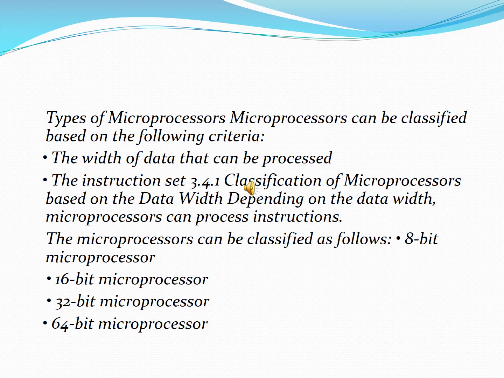Types of microprocessor are classified based on the following criteria: the width of the data that can be processed, and the instruction set. Classification of microprocessor based on the width: the microprocessor can be classified into 4 types.